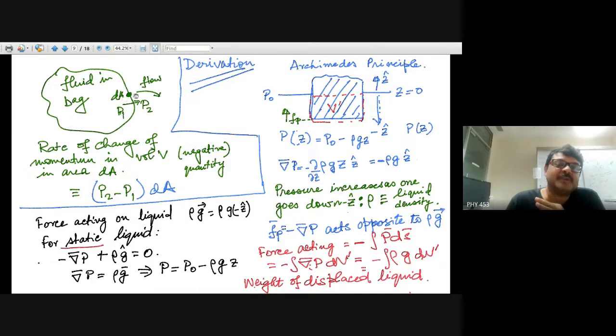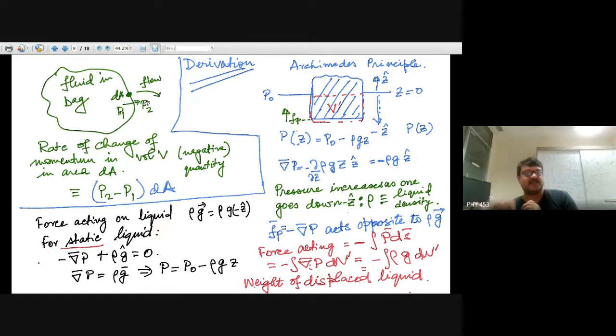That would be (P1 minus P2) times dA. Remember, this has dimensions of force. That's the amount of momentum which is flowing out. This is the amount of momentum change. So if you know P1 and P2 instantaneously as a function of time, at a particular instant in time, (P1 minus P2) times dA is the total momentum change in this bag in a certain unit of time.